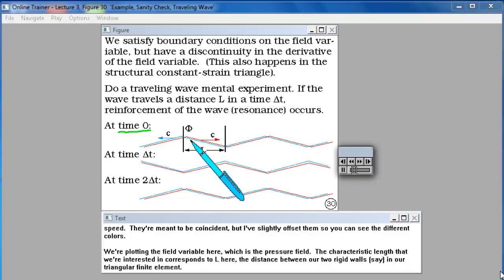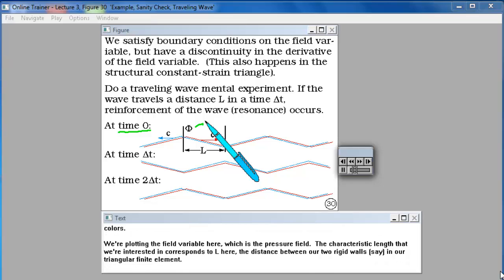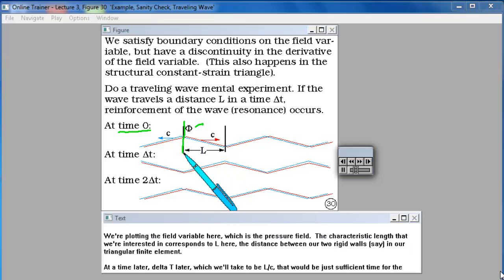They're meant to be coincident, but I've slightly offset them so you can see the different colors. We're plotting the field variable here, which is the pressure field. The characteristic length that we're interested in corresponds to L here, the distance between our two rigid walls, say in our triangular finite element.